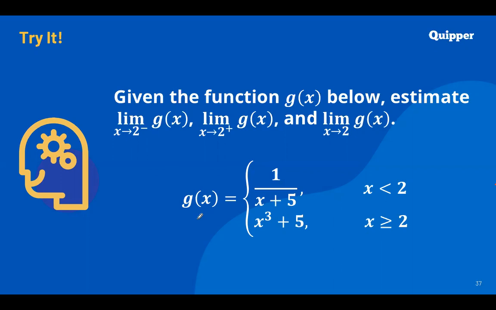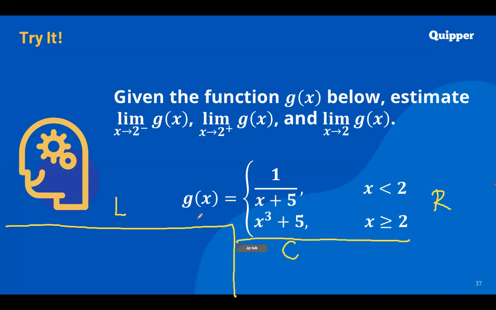So let us answer first the left side. Sige, ito yung left, ito yung right. Ito naman yung C mamaya. Para meron tayong space. So from the left, that is the less than part. So we have 1 over 2 plus 5, and that is 1 over 7.